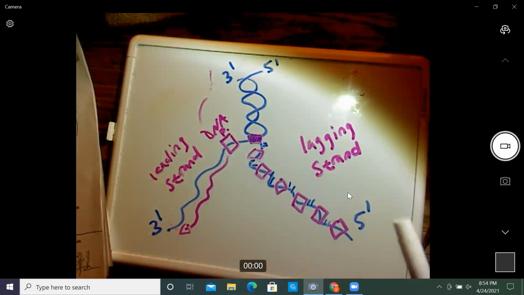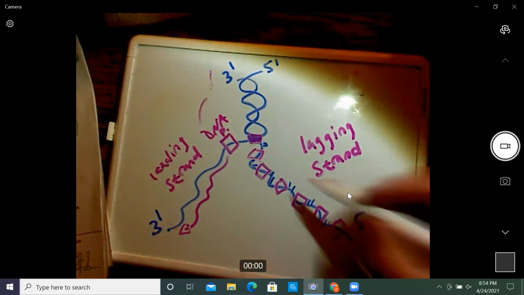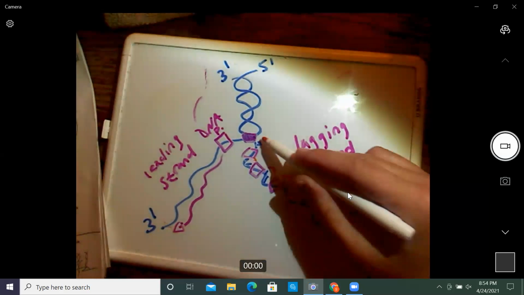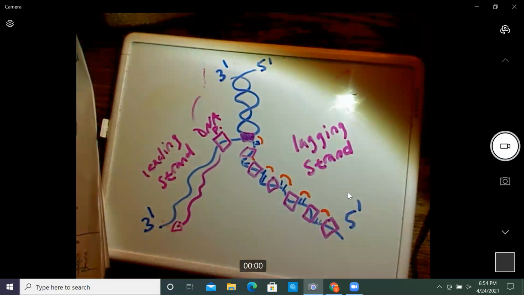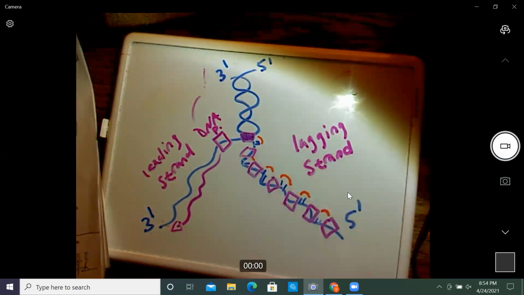Now that brings us to our point about this Okazaki guy. The lagging strand contains these little fragments. I kind of just drew them as lines right here. It contains these little bits of DNA that aren't quite connected yet.